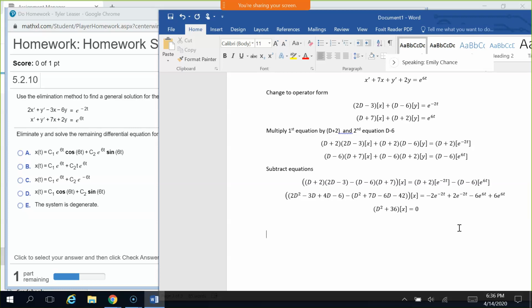So for the right-hand side, I know you said you have to take the derivative. Yeah, that's what this d tells us to take the derivative. So this says to take the derivative of e to the negative 2t, which is where this term comes from here. And then plus 2 times e to the negative 2t, which is the next term.